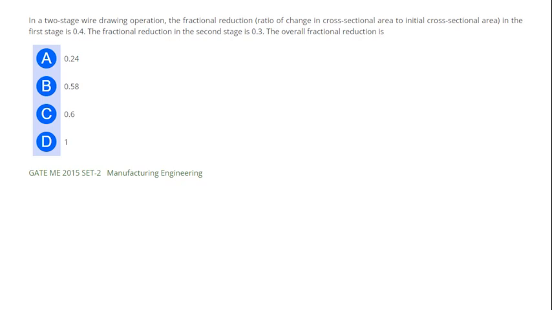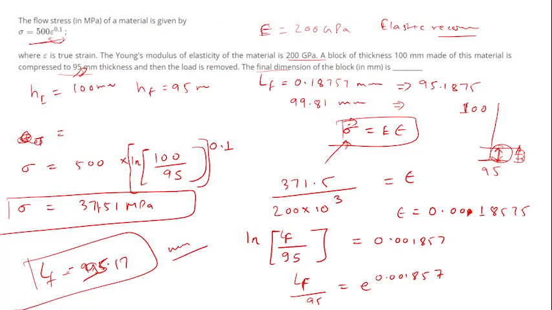Ma'am, in the previous question, in the stress strain relationship, is the strain engineering strain? Where? Sigma is equal to epsilon E. See, this is the same relationship in the elastic zone. You can use this with engineering stress, and then you have to use engineering strain. Here what we calculated was the applied stress, the flow stress, that is the true stress.